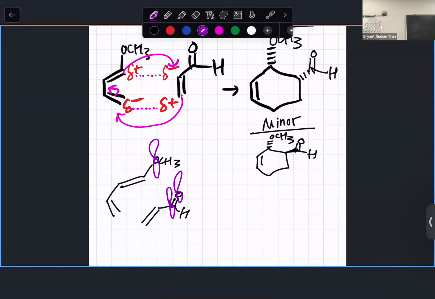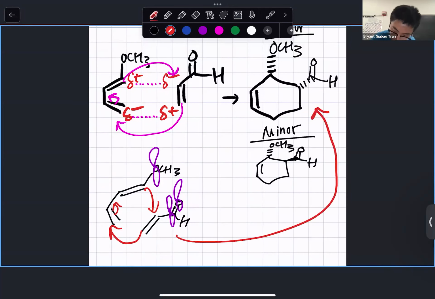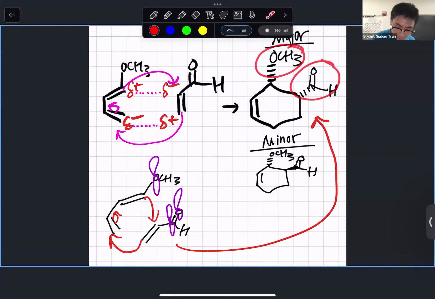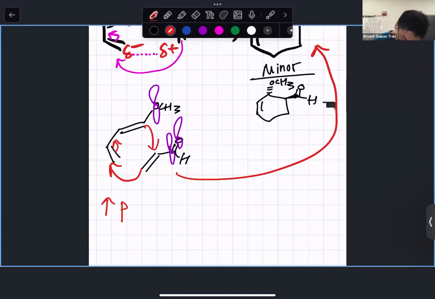Those p orbitals there want to be aligned to each other, right? So they want to be closer to each other, so on the same side. When we do this mechanism here, we are going to have this product where the two groups are on the same side because that increases p orbital overlap, right?